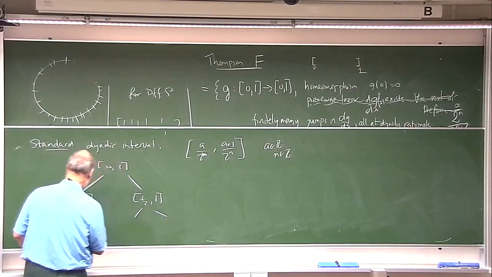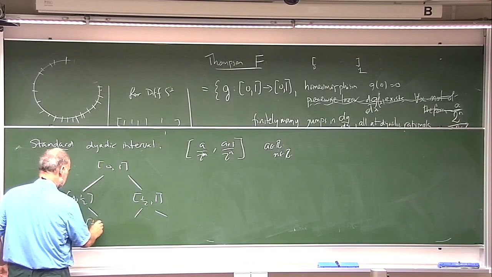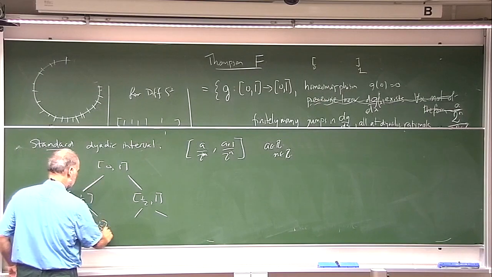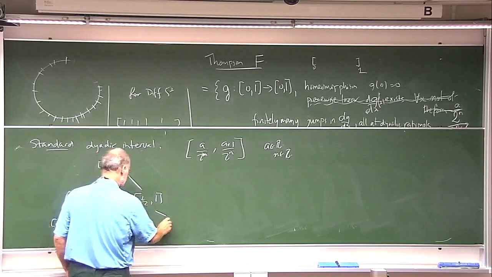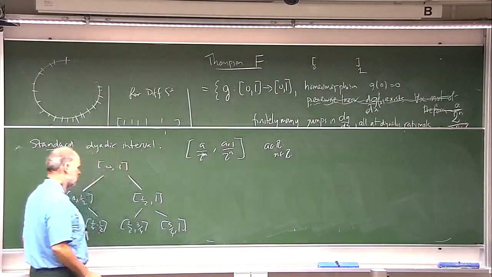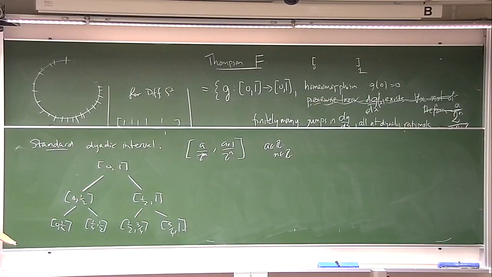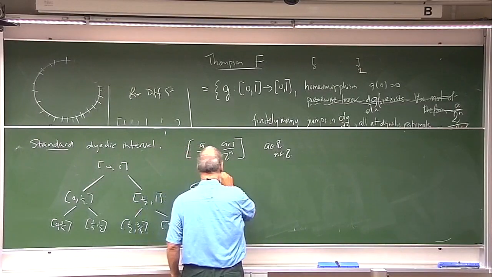You divide these, you get 0, 1/4, and you get 1/4, 1/2, and you get 1/2, 3/4, and you get 3/4, 1, and so on. So we see that the set of all dyadic intervals has the structure of this tree.